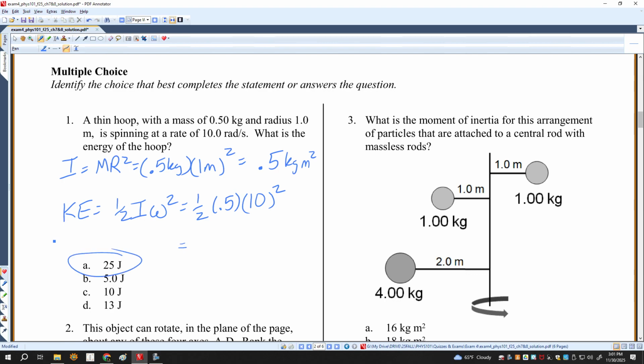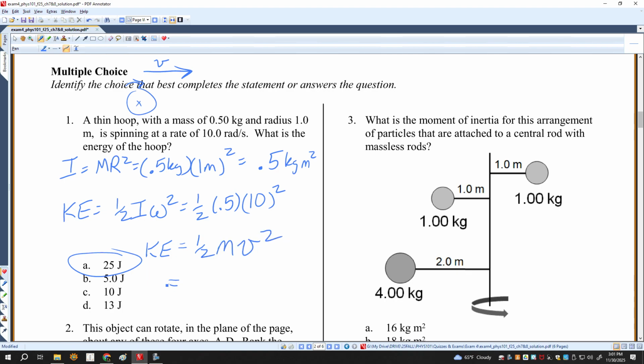Notice here that this hoop is just stationary. It's spinning about like that. But what if also the hoop had a velocity? That is, not that it was just spinning about its axis, but it was rolling along the road. Then you would have another component of the kinetic energy that would be 1/2 mv squared.